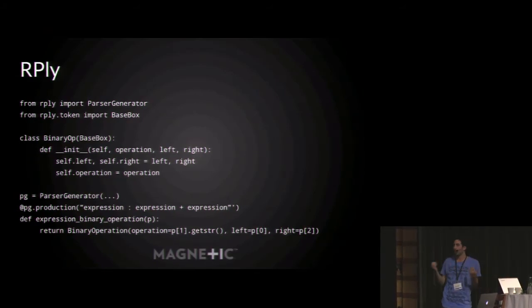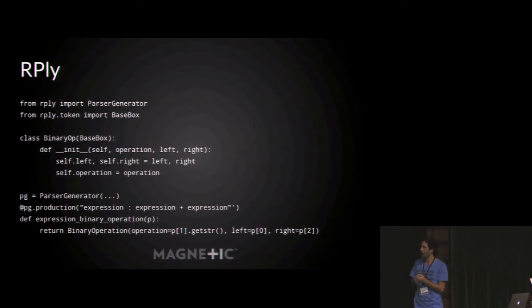If you're not, here's the 3-second description. We're saying that in our parser for our language, an expression can be produced whenever you have some expression and then the plus symbol, and then another expression.